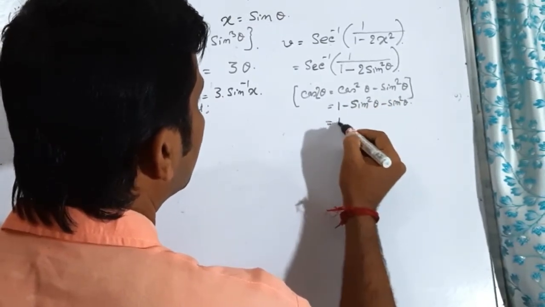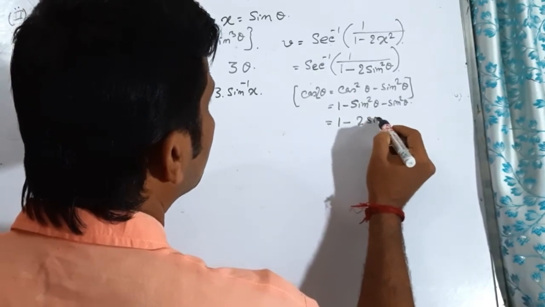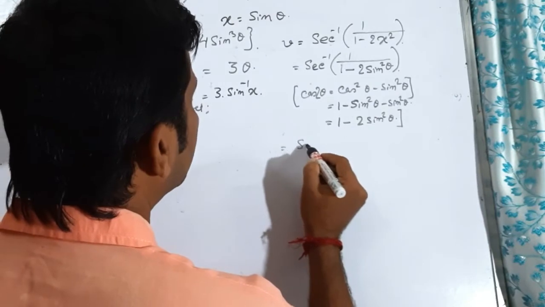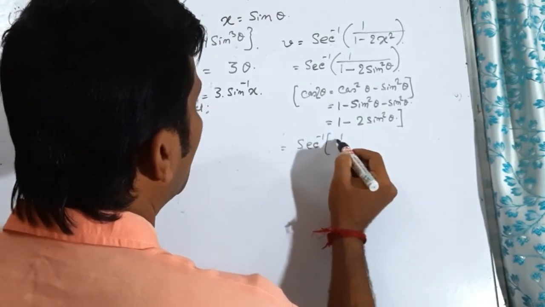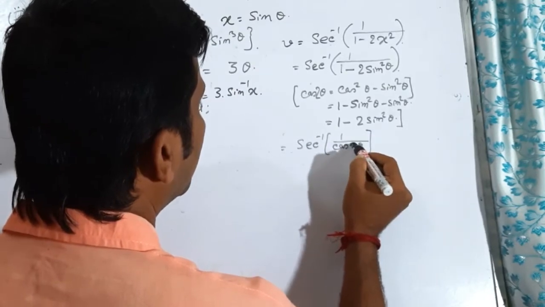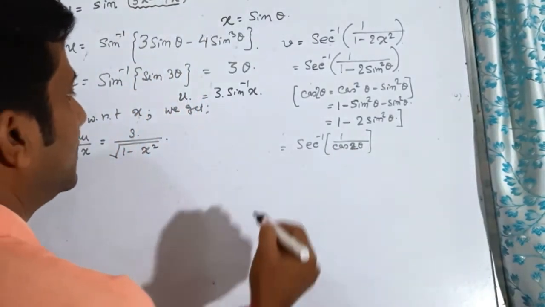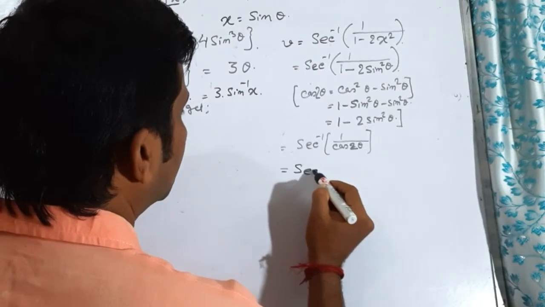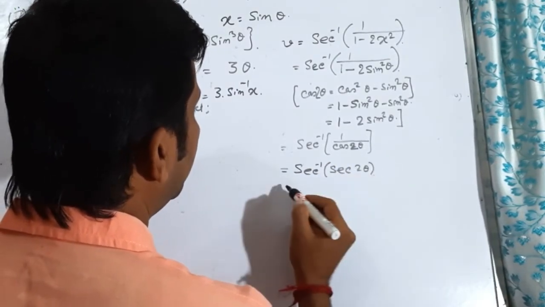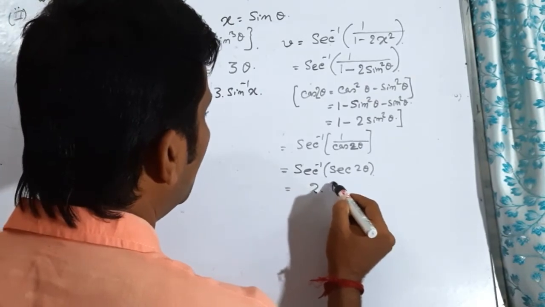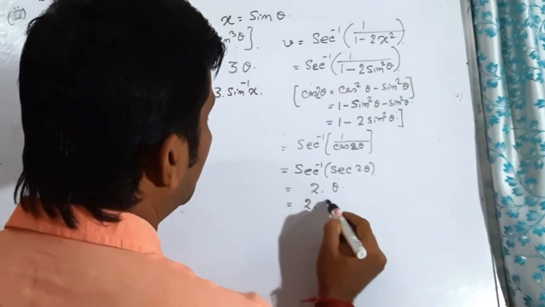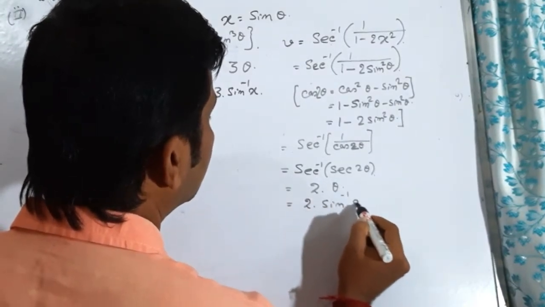That means this is equal to 1 minus 2 sin square theta. So it becomes sec inverse 1 by cos 2 theta. That means this is equal to sec inverse sec 2 theta, which is equal to 2 theta, where theta means sin inverse x. Then 2 into sin inverse x.